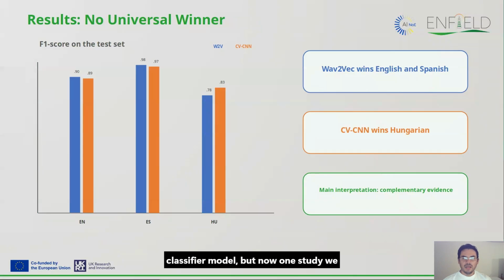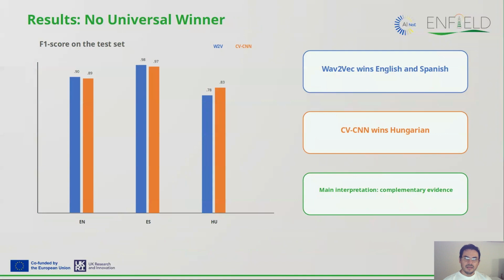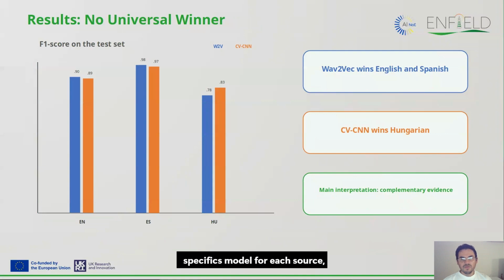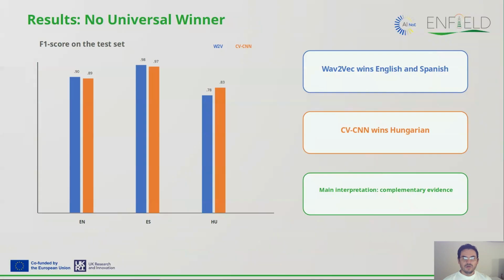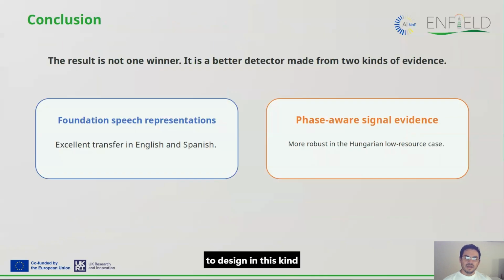But in our studies, we have demonstrated that if we build a specific model for each source, in our three-language transversal study, we can obtain better performance than if we use only one algorithm as a channel in the whole process that we are trying to design in these kinds of applications.